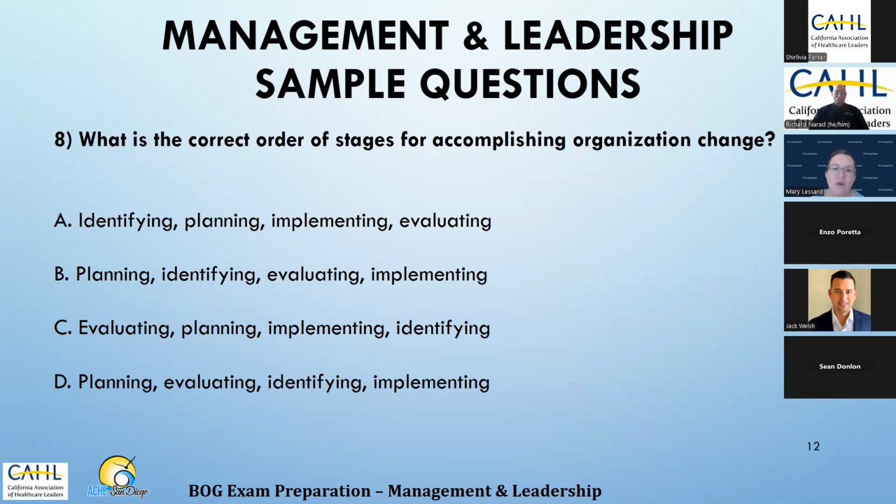Okay. Oh, order questions. Enough to blow your mind here. Let's wrap our heads around this one. What is the correct order of stages for accomplishing organizational change? Okay, so we want to change something. A is identifying, planning, implementing, and evaluating.